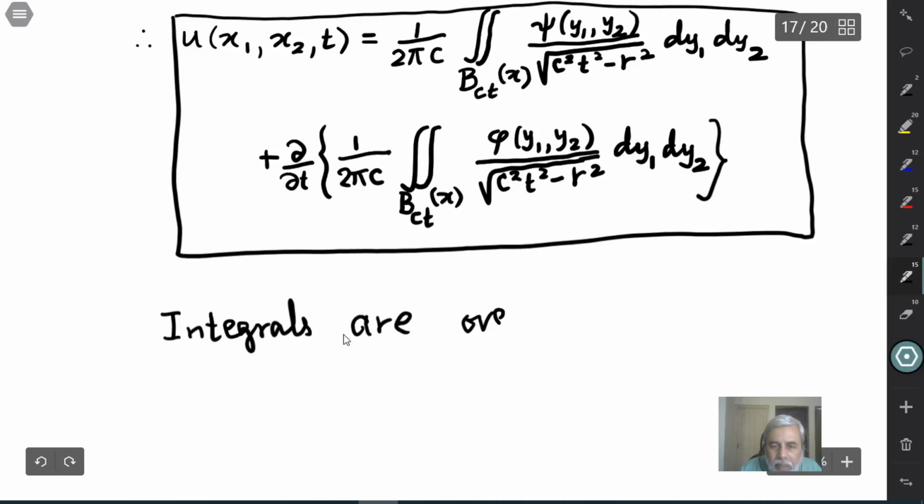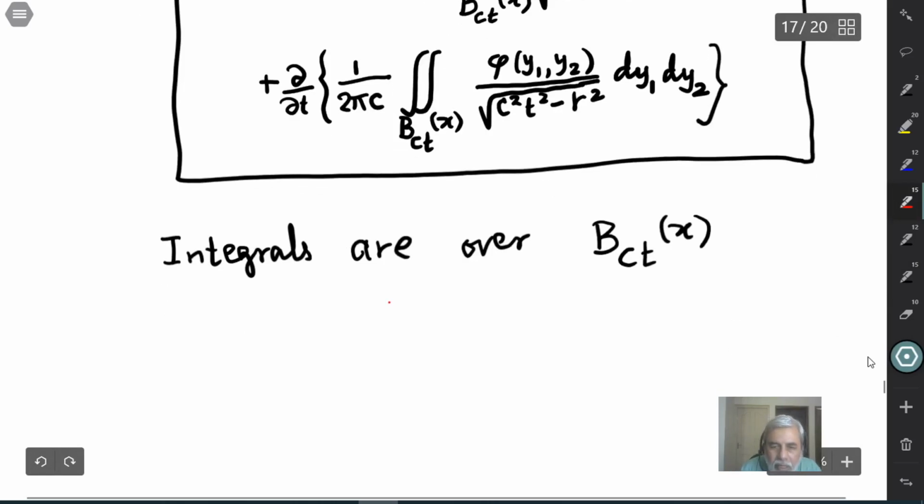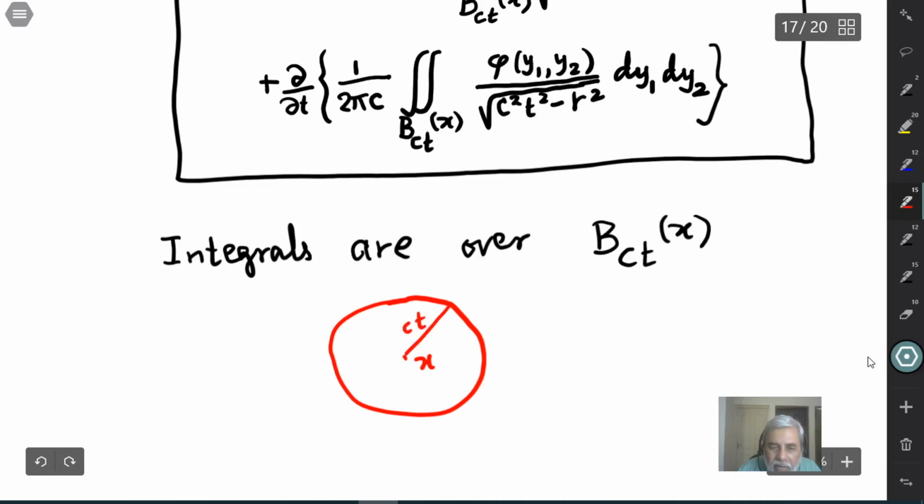So it is not the circle, but the ball. So let me just write that. There is x and this radius is ct, and the integral is over this two-dimensional object.